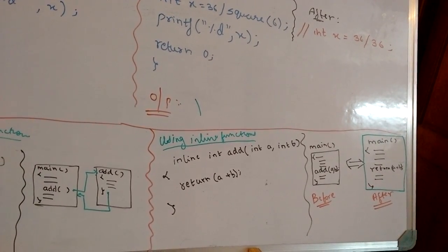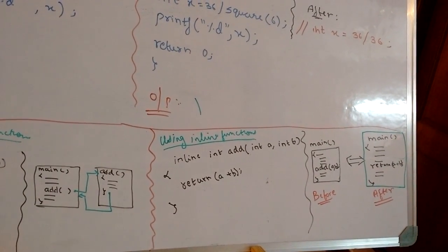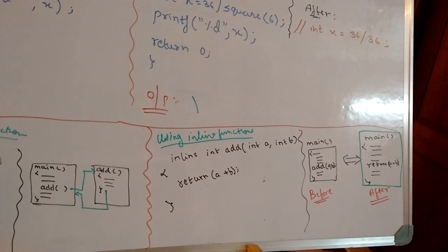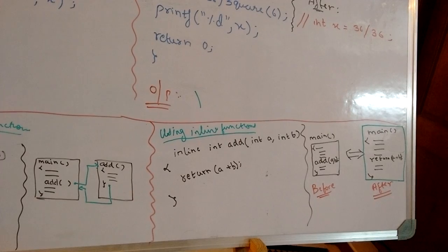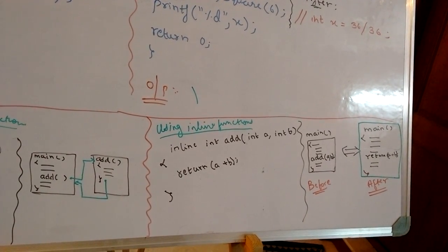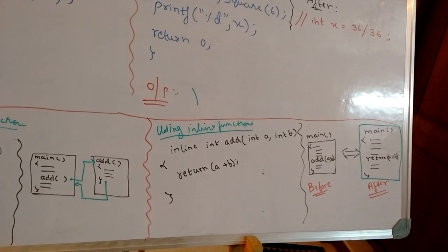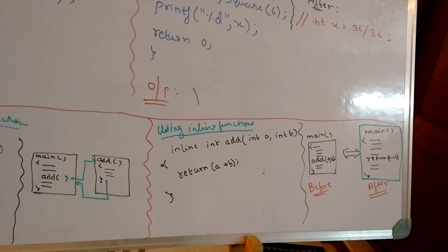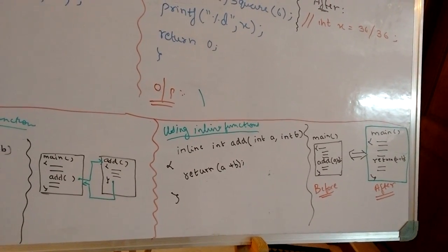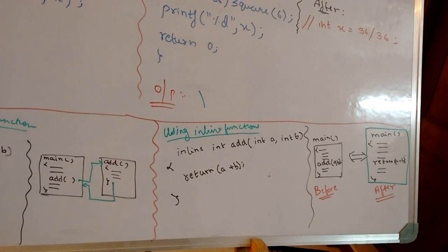So while executing, the compiler does not need to go in search of the add function, because the body of the add function is pasted in the main method. That is the concept of inline functions. I hope you have understood it.